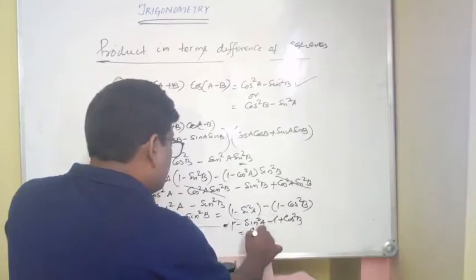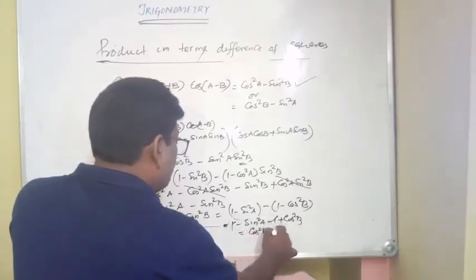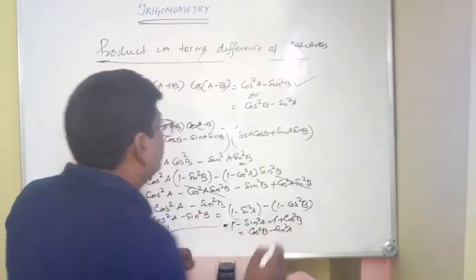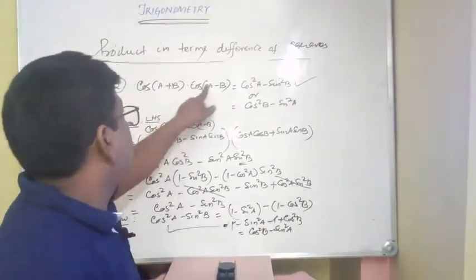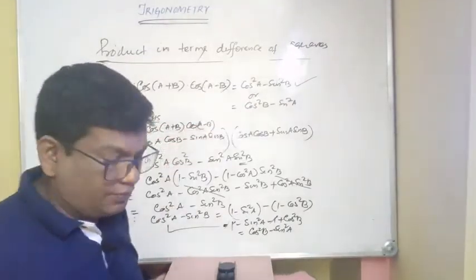This is equal to cos square B minus sin square A. Hence proved. This formula is proved and this formula is proved.